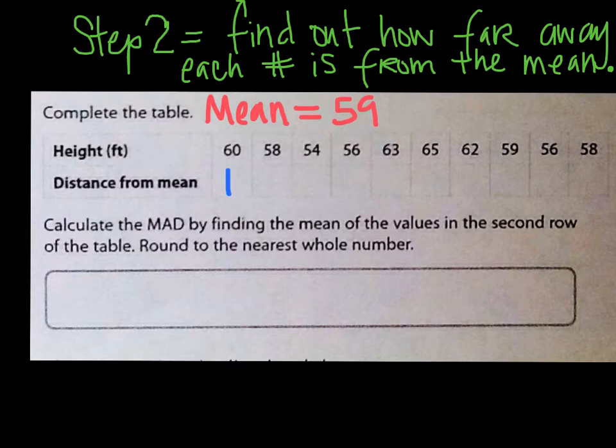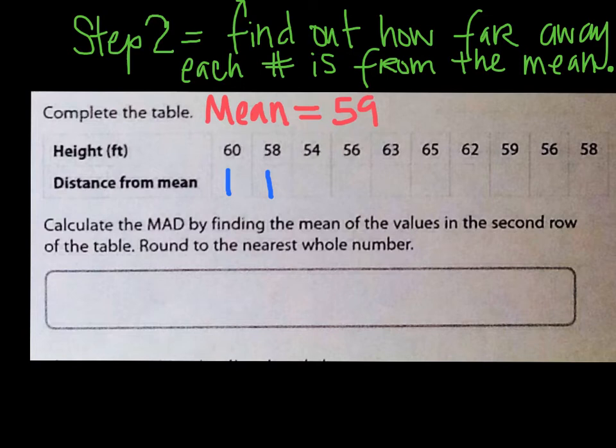Then I'm going to say 58 minus 59. That's a negative number, but I only want to know how far 58 is from 59, so that's 1 point away.